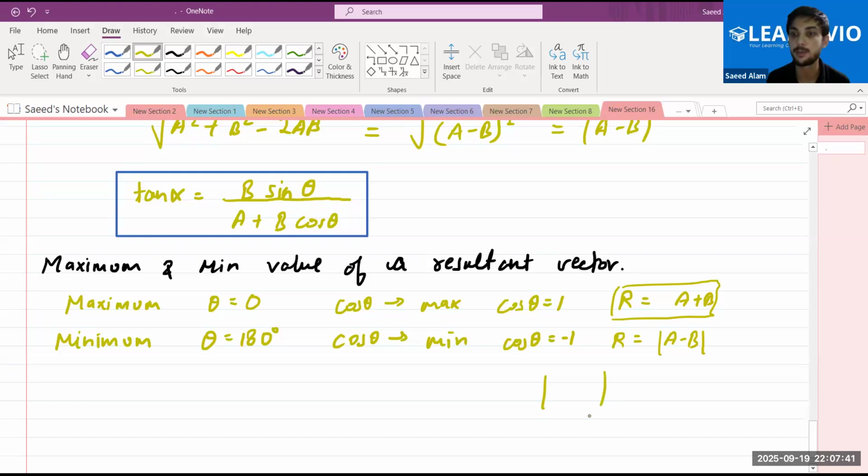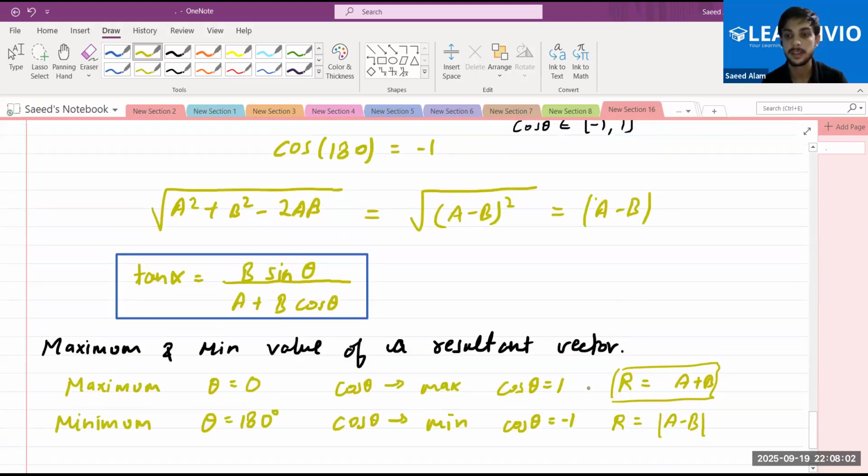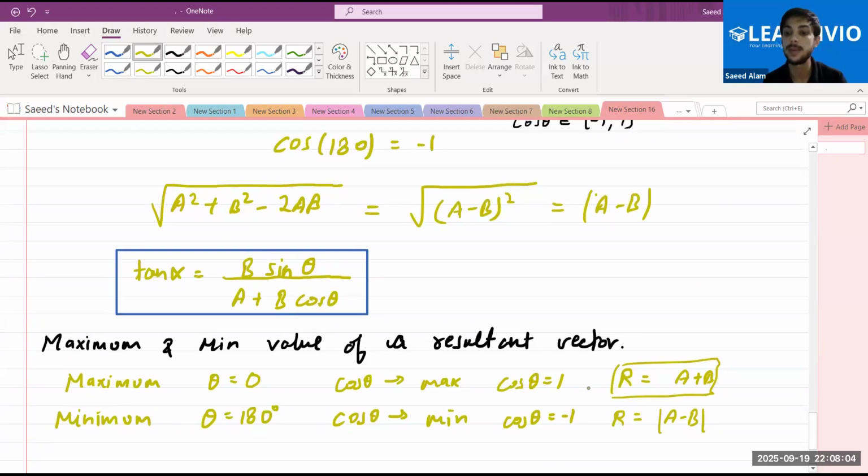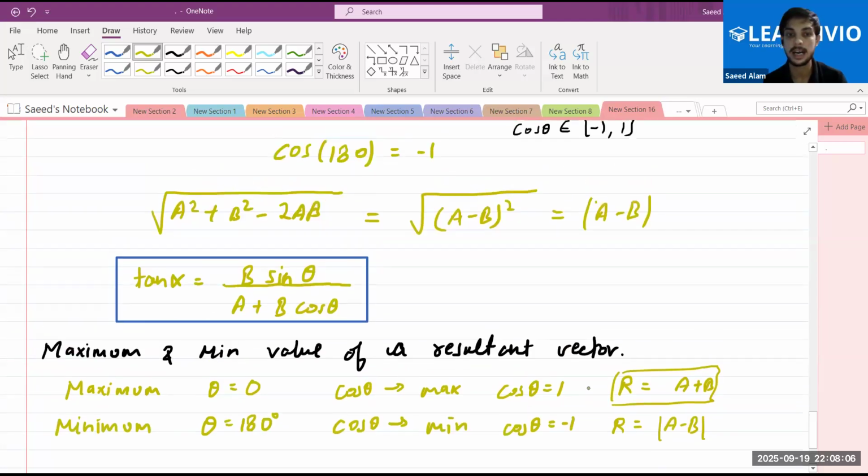If I put the mod, for example, on -2, I'll get the answer to be 2. So I'm putting this mod because I need the result to be positive always. Is this clear to you? Okay, so this is the maximum and the minimum value of the R vector.